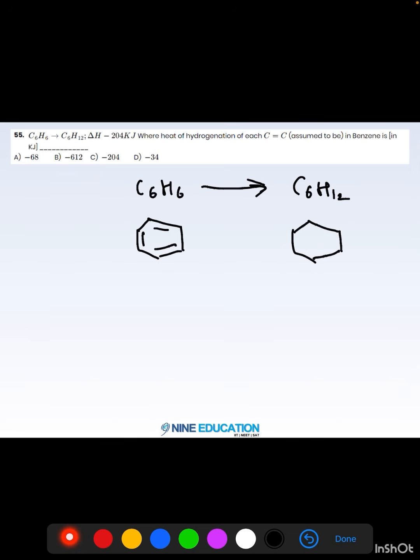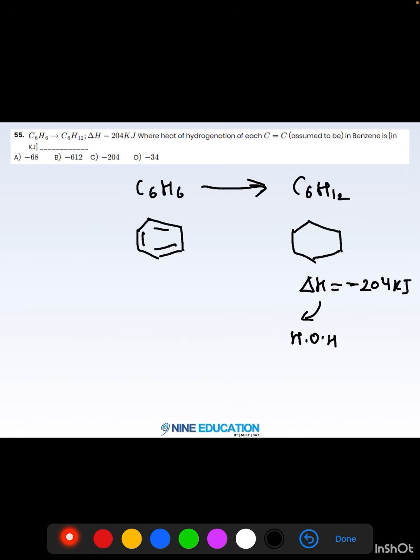So it's simply a reduction reaction, or we can say hydrogenation reaction, meaning hydrogens are going to add to the benzene, and in this reaction the energy which is getting released is minus 204 kilojoule. Now whatever this energy is releasing, this is nothing but your heat of hydrogenation, right? Because this is a hydrogenation reaction in which delta H is released, which is 204.